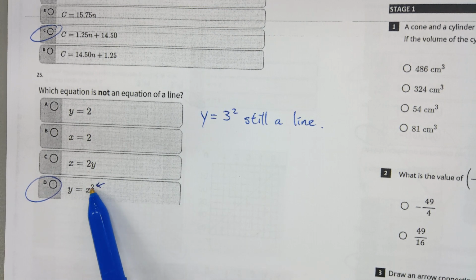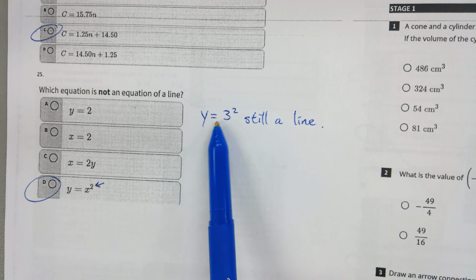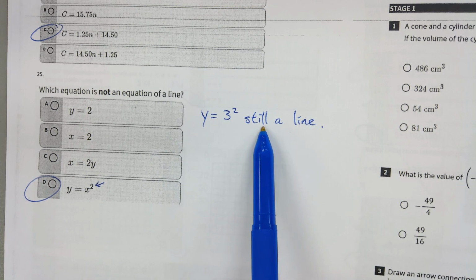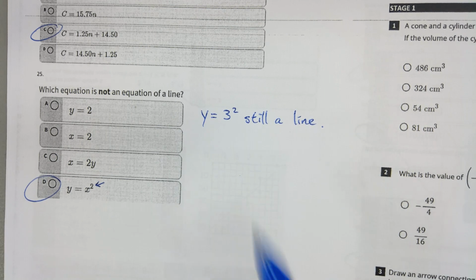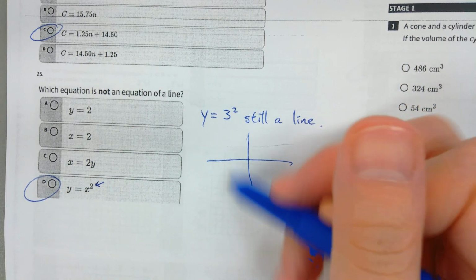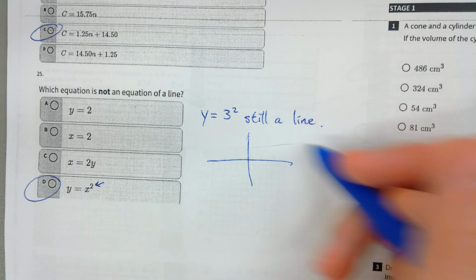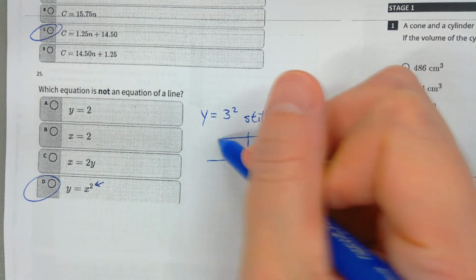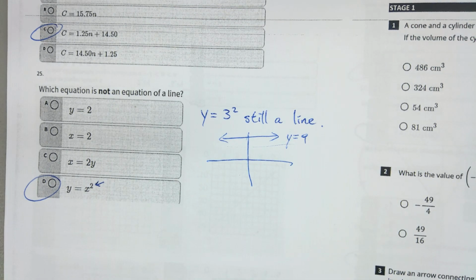So the exponent on the variable is what determines the degree. Right? So this is still a line because it's just y equals 9. And y equals 9, is that a horizontal line or vertical line? Y equals 9. Horizontal. All right, so a horizontal line, y equals 9.